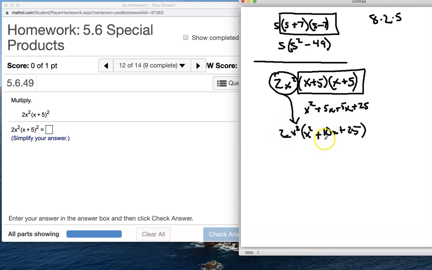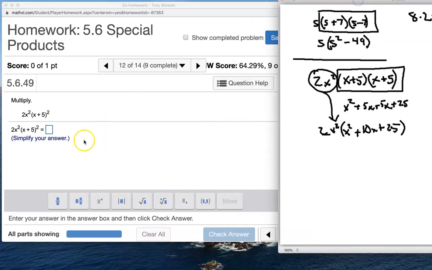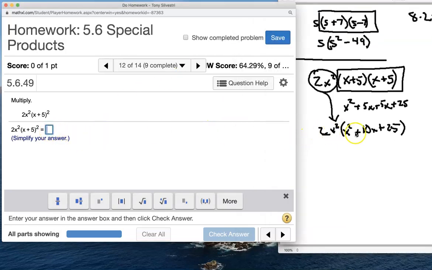Okay, and so let me multiply through. This is a simple multiply job. I'm going to put the answer in the box here. 2x squared times x squared is 2x to the 4th power. Plus 2 times 10 is 20. X squared times x is x cubed.